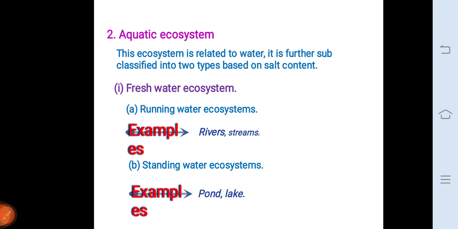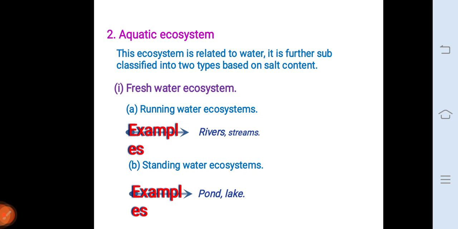The freshwater ecosystem is further classified into two types: the running water ecosystem, that means lotic, and the standing water ecosystem, that means lentic. For example, running water ecosystems are rivers and streams. For example, standing water ecosystems are ponds and lakes. And the marine ecosystem includes the sea and seashores.